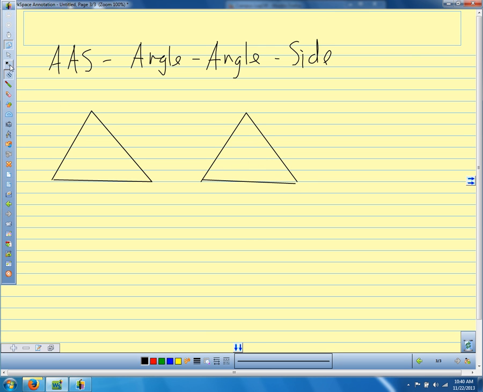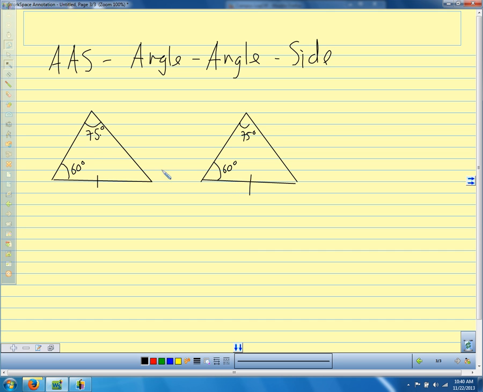So there are my two triangles, and I know that this is 60 degrees and this is 75 degrees. I'll draw 5 today. And this is 60 degrees and this is 75 degrees. And I know that this side is congruent to this side.